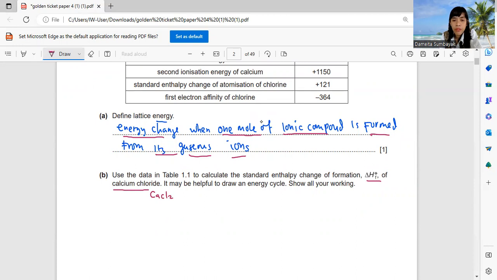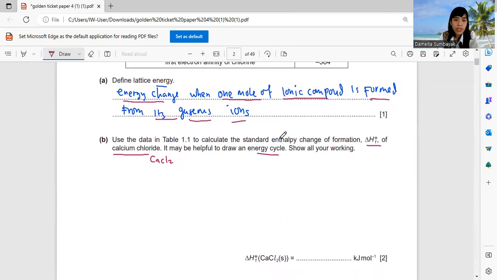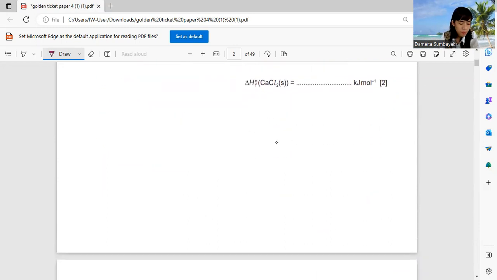It may be helpful to draw the energy cycle. Since we know that our product here is CaCl2 solid, I start from the product, CaCl2 solid. How to form this product? Or we call it delta H formation.